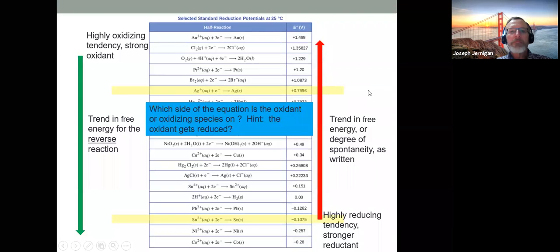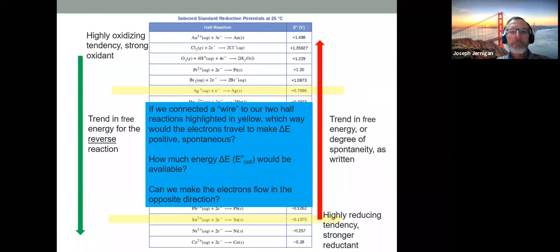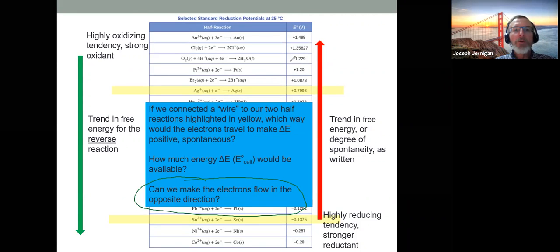All right. I think we talked about all this. Oh, we haven't talked about one part of this though. The question: can we make the electrons flow in the opposite direction? So in other words, if I was taking my gold and I had connected it to a copper, and I had gold 3+ in my solution, right?